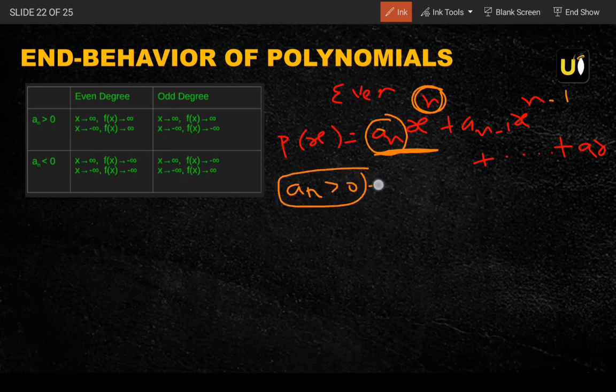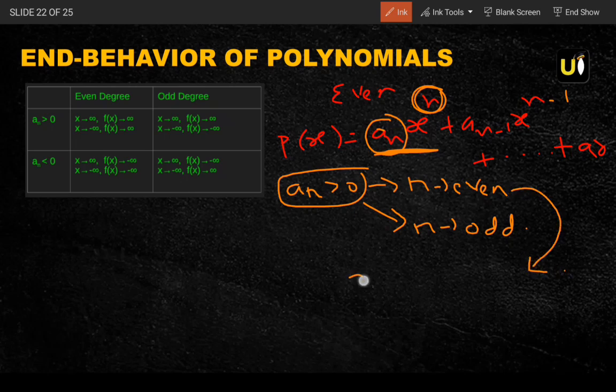So here, if n is even, let us say n is equal to 6. Anything, whether it is a negative number or positive number, if we raise it to the power of an even number, then that will definitely result in a positive number, right?